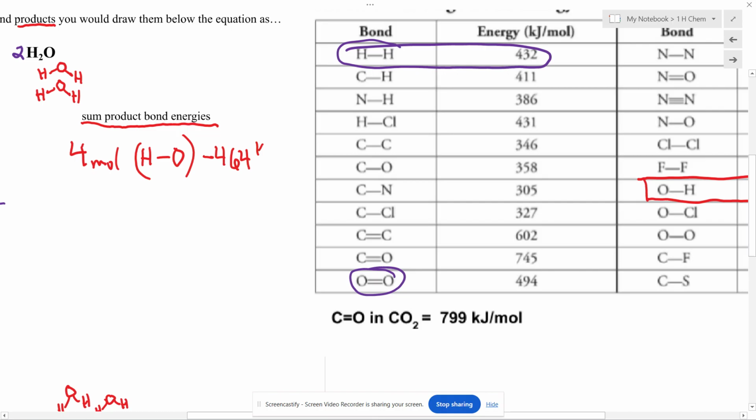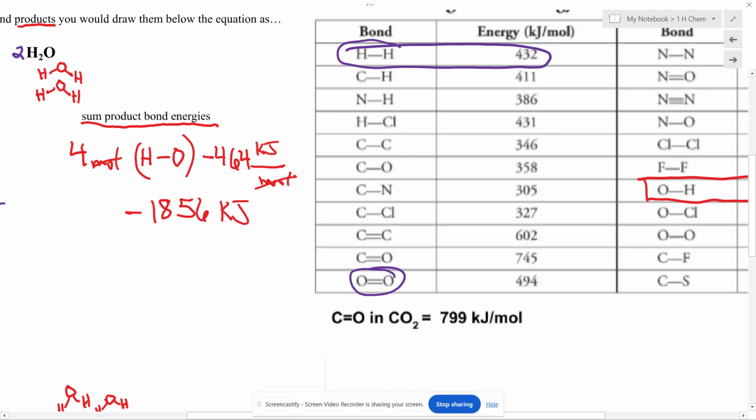Negative 464 kilojoules per mole. So the amount of energy released when the products are made is going to be 4 times negative 464 kilojoules per mole, and that is negative 1,856 kilojoules.